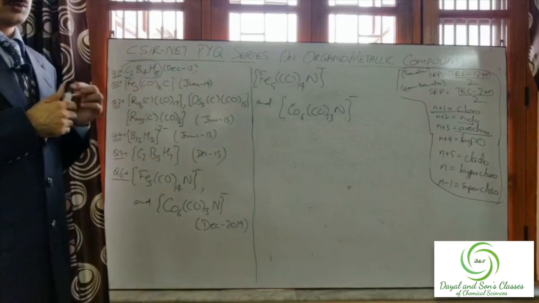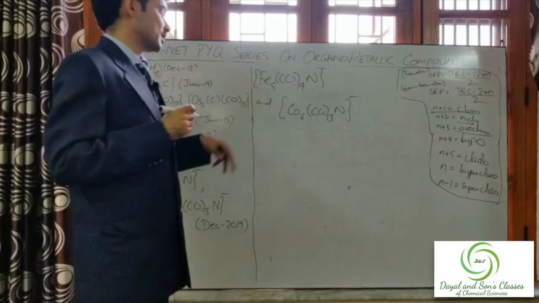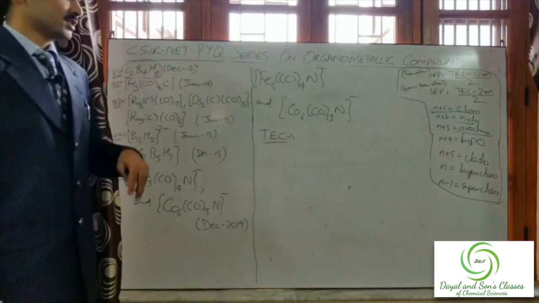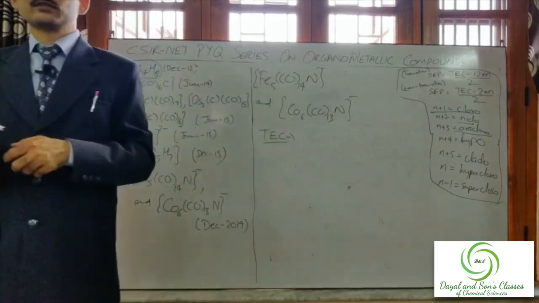Now let's see how to calculate this. Now for this TEC, what the people took wrong was they counted 3 electrons for this nitrogen.